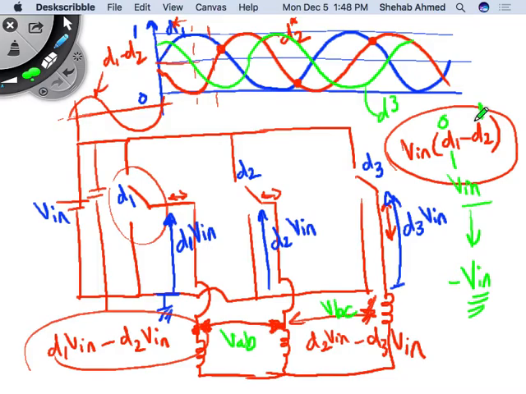That makes sense. If you exclude this third leg, what do I have? I have a full bridge inverter, right? For the full bridge inverter, I get output between Vn and minus Vn, and that's what we have here. We're okay with this?